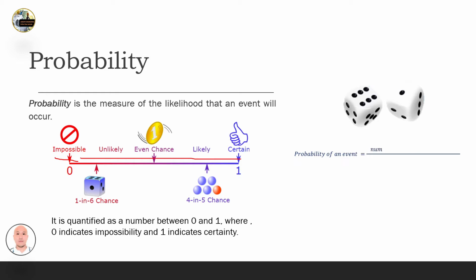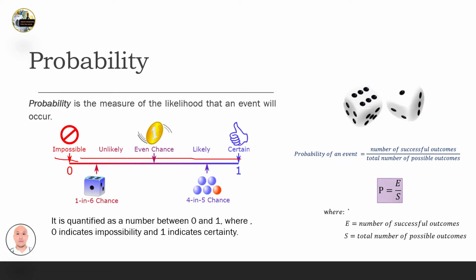For the formula, probability is the ratio of the total number of ways that an event can occur to the total number of possible outcomes. It is usually represented as a decimal or fraction, where E is the number of successful outcomes and S is the total number of possible outcomes.